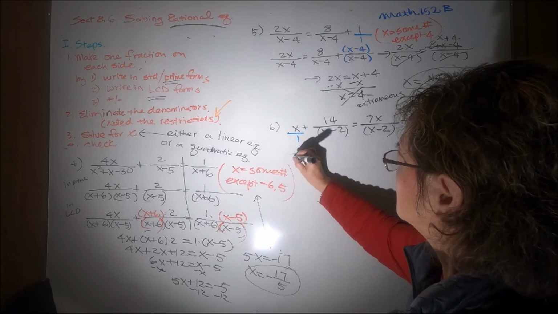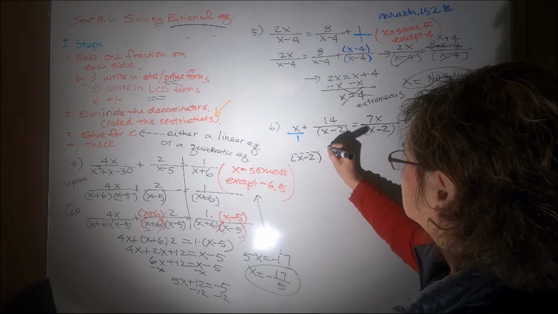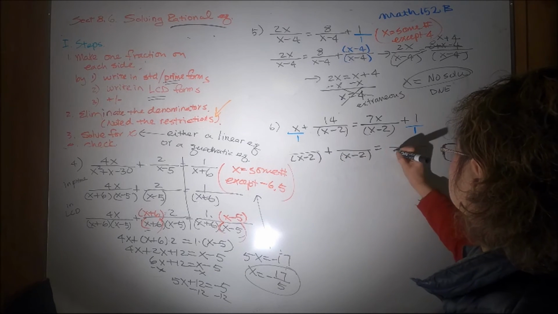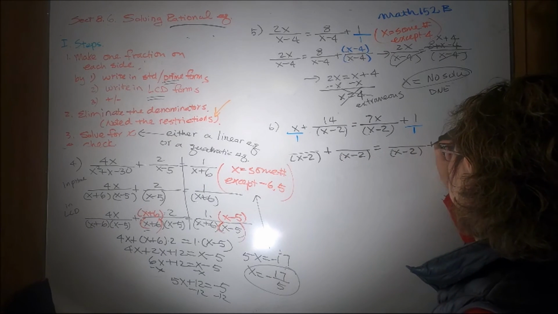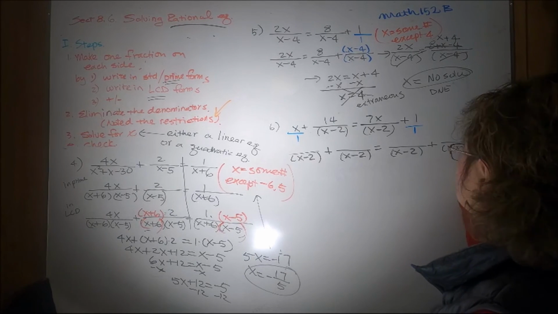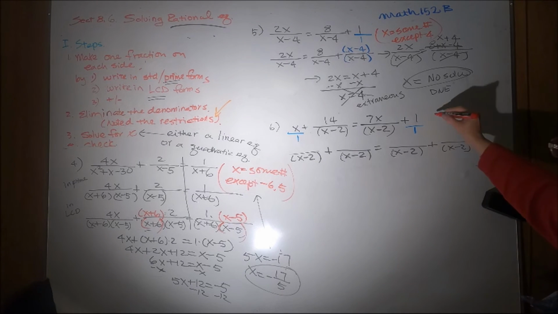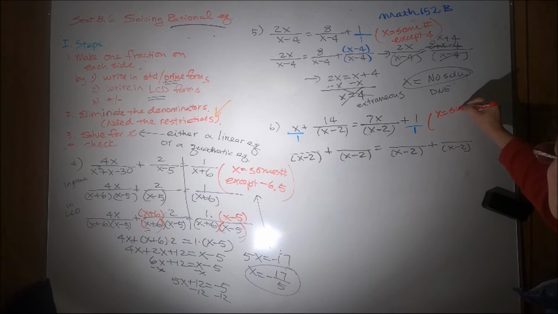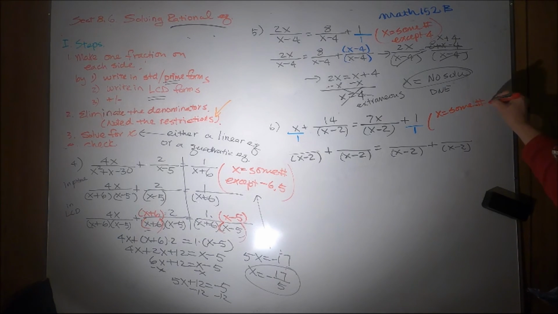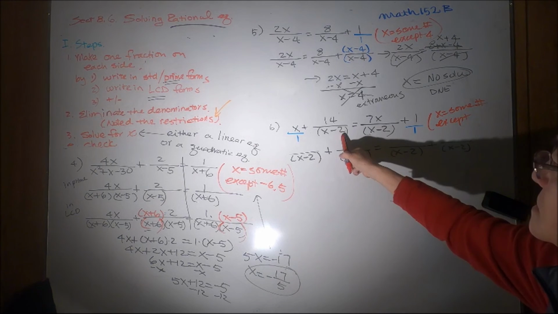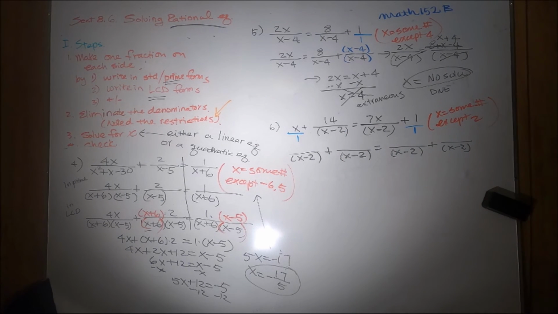Then what's your LCD? That would be your LCD, right? When we solve it, eventually we want to say the restrictions x equals some numbers except what you cannot use. 2 for this case, right?